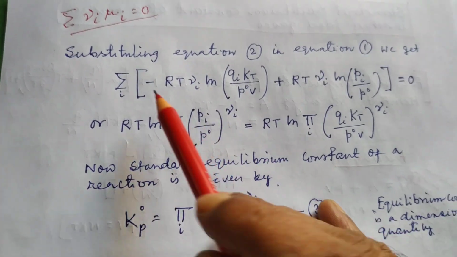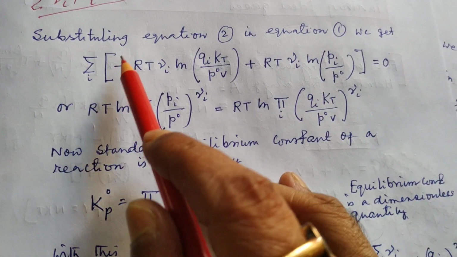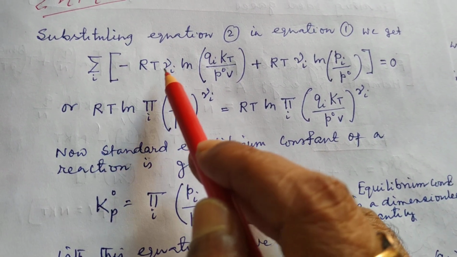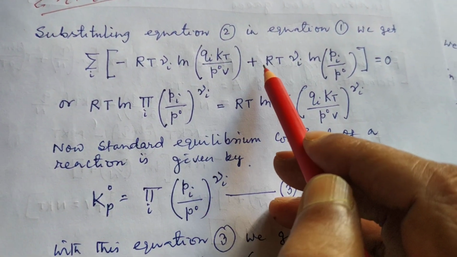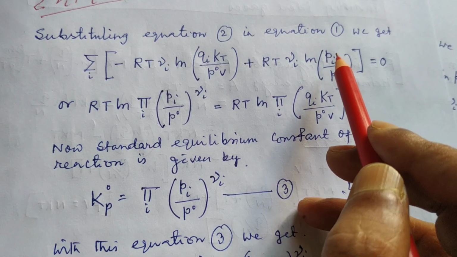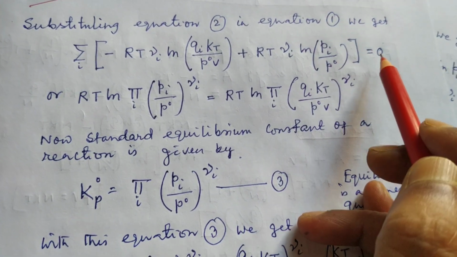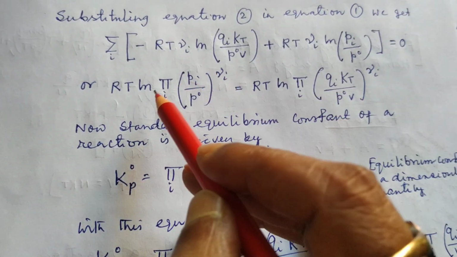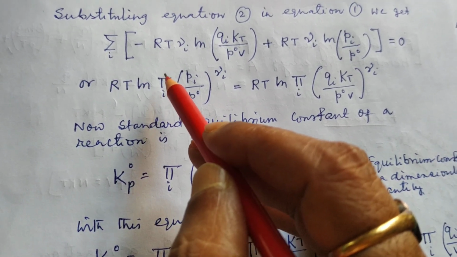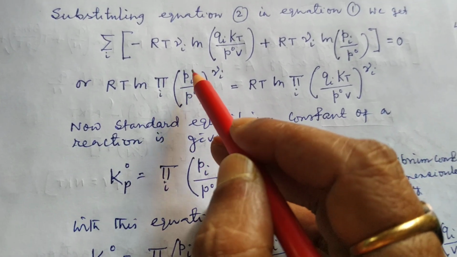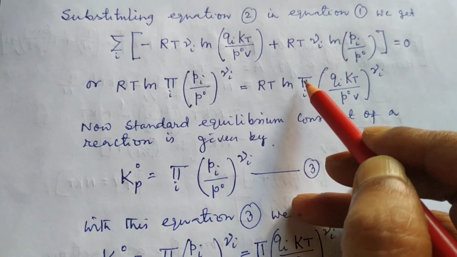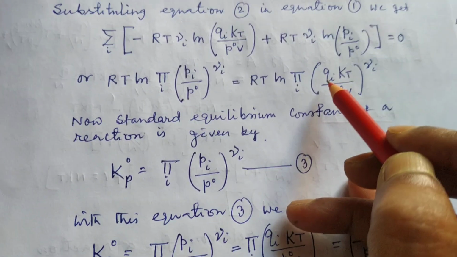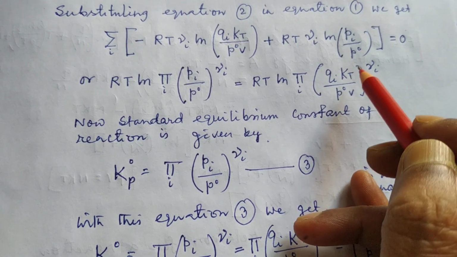We get sigma over i of [minus RT nu_i ln(q_i kT/(P0 V)) plus RT nu_i ln(P_i/P0)] equals 0. So we may write RT ln product of (P_i/P0) to the power nu_i equals RT ln product of (q_i kT/(P0 V)) to the power nu_i.